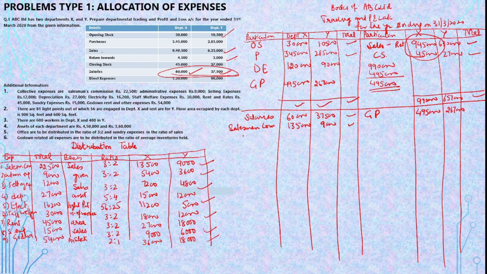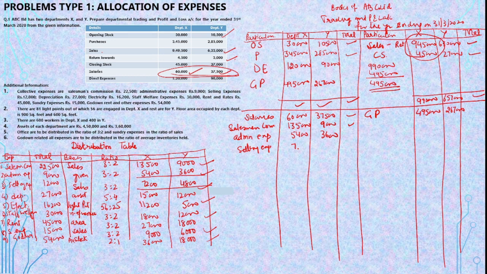Then you have administrative expense, 5,400, 3,600. Then selling expenses, 7,200, 4,800. Then depreciation, 15,000, 12,000.